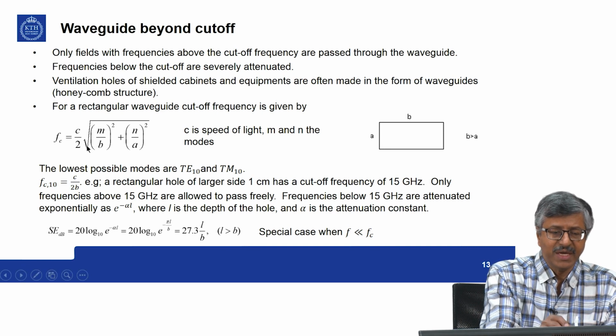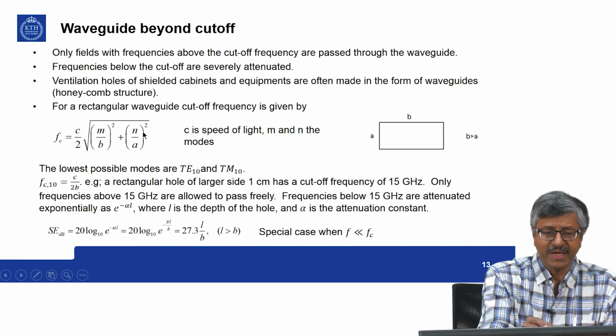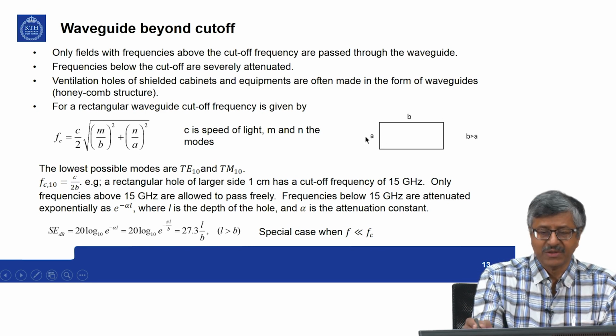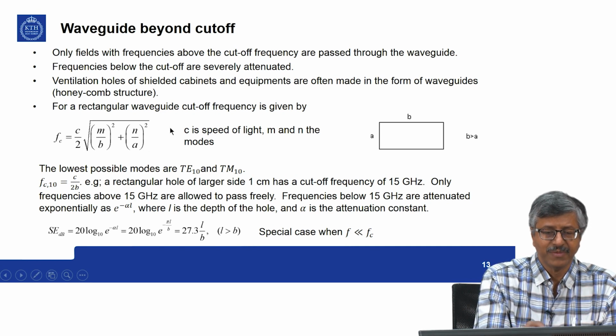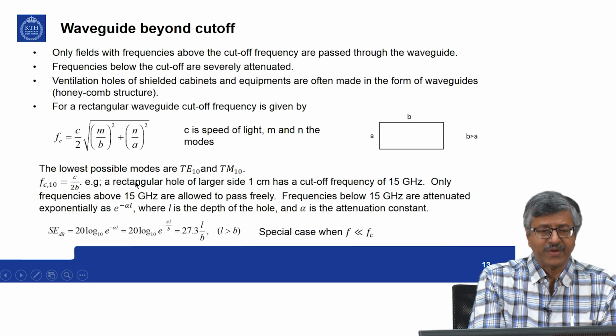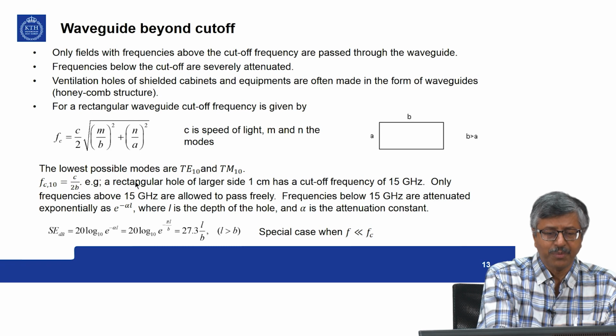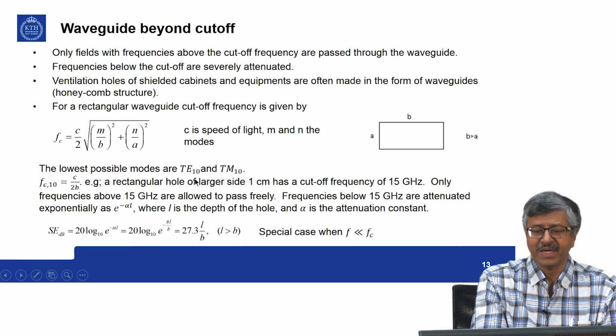The cutoff frequency equals speed of light divided by 2 times square root of (m by b) squared plus (n by a) squared, where m and n are mode numbers, and b and a are the dimensions of the slot. So, this is the cutoff frequency. The lowest possible modes for waveguides are transverse electric mode 10 and transverse magnetic mode 10.